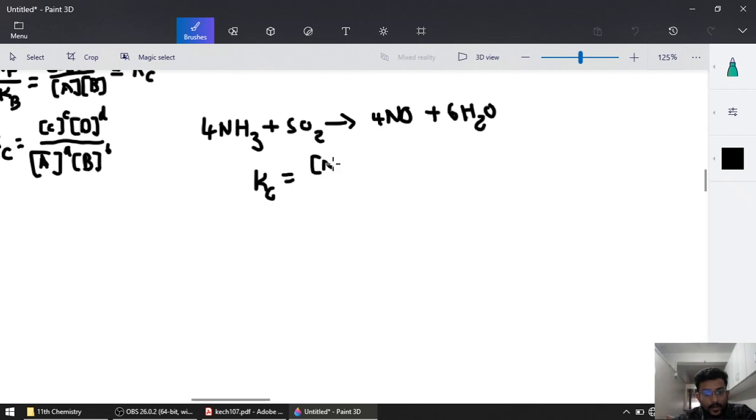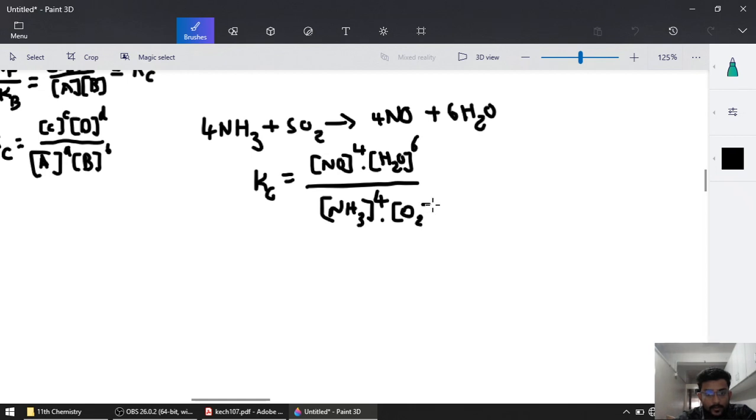Concentration of the products: NO raised to the power 4 into H2O raised to the power 6, divided by the concentration of NH3 raised to the power 4 into the concentration of O2 raised to the power 5.